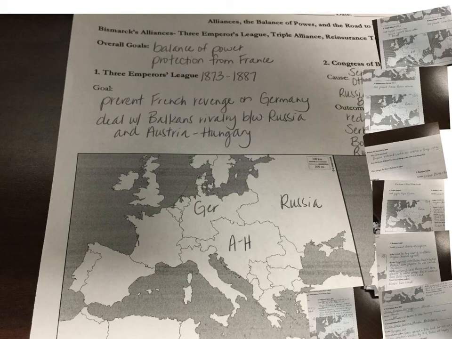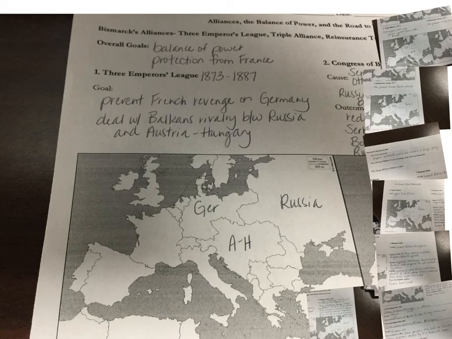So the first one is the Three Emperors League from 1873 to 1887. And the goals of this alliance are to prevent French revenge on Germany. So he wants to form an alliance where Germany has other strong allies in Europe, and that hopefully will prevent those countries from allying with France instead.